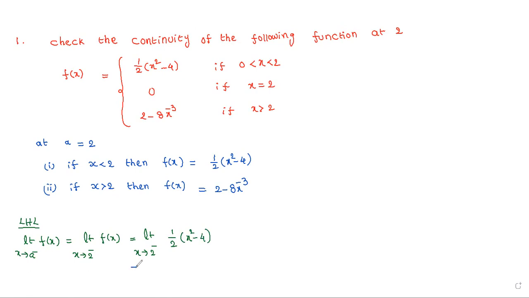Substituting x value, 1 by 2, 2 square minus 4, 1 by 2, 4 minus 4, 1 by 2 into 0, that is the value 0. That is LHL.